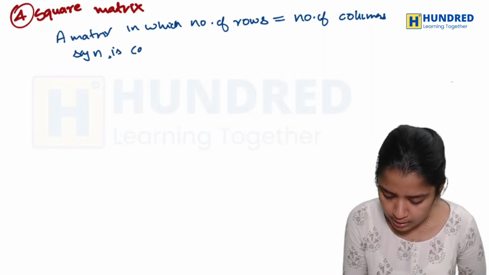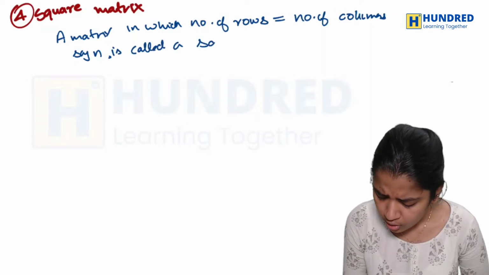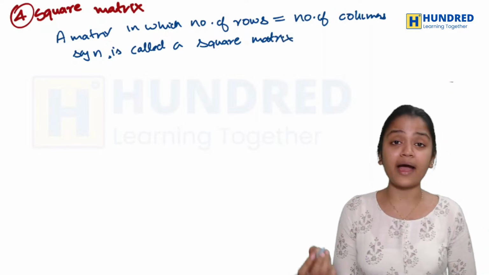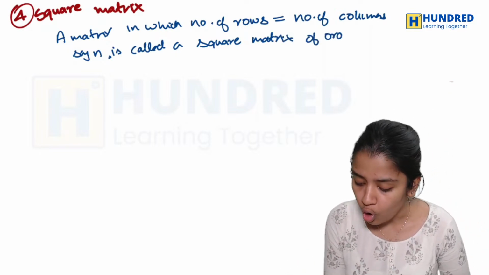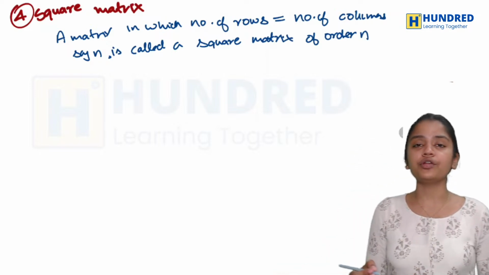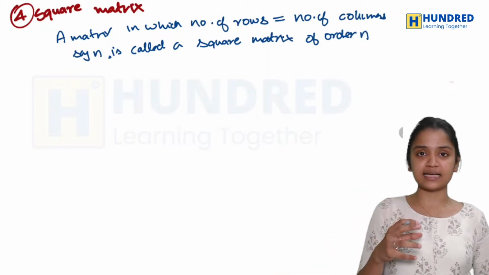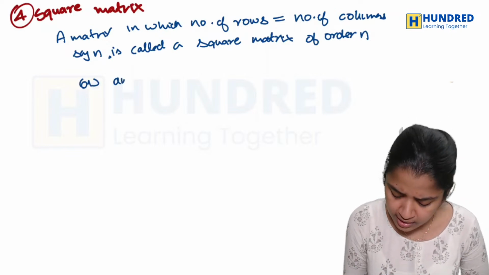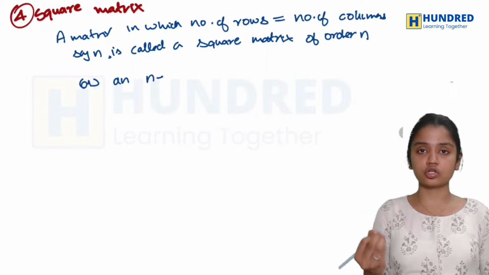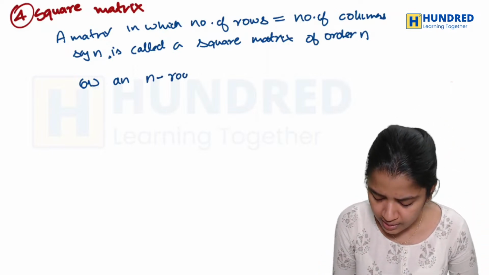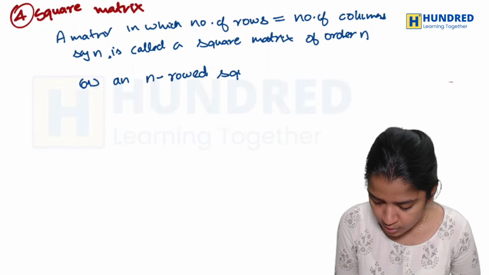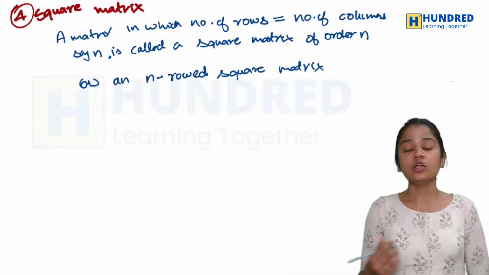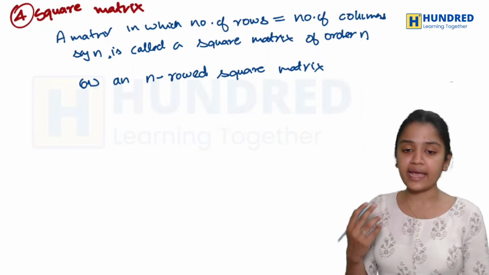This is called a square matrix. How do you name it? It is called a square matrix of order n, or an n-rowed square matrix. You have two representations for it. Let me give you some examples.